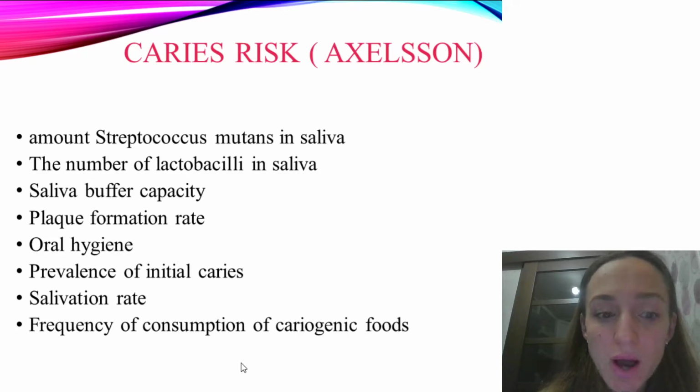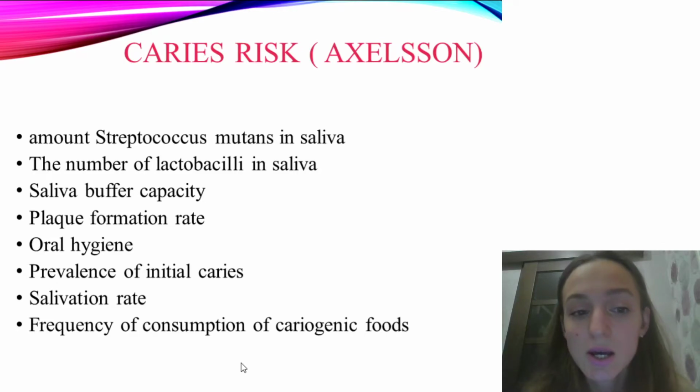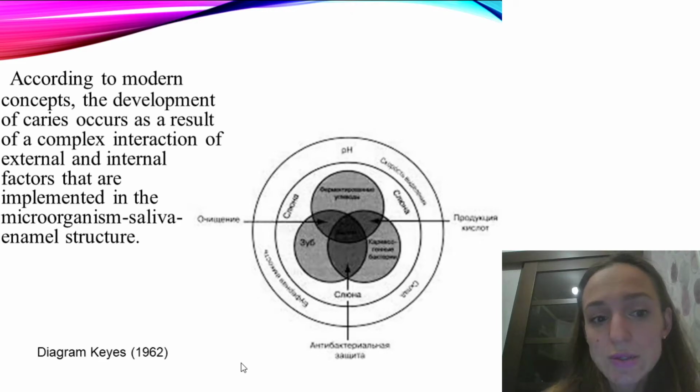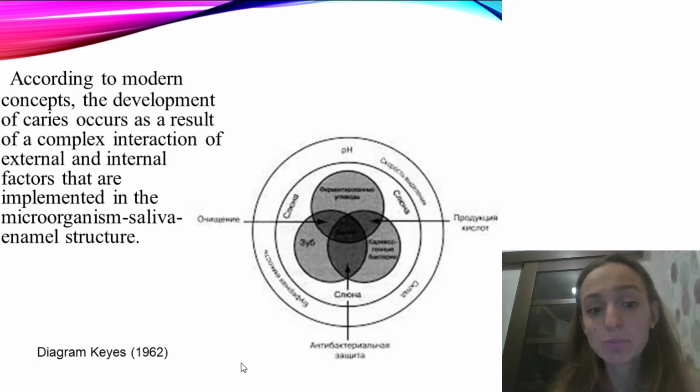So, dental plaque consists of microorganisms up to 70% and intercellular matrix. It is complexes of glycosaminoglycans and proteins. According to modern concepts, the development of caries occurs as a result of a complex interaction of external and internal factors that are implemented in the microorganisms, saliva and enamel structure.